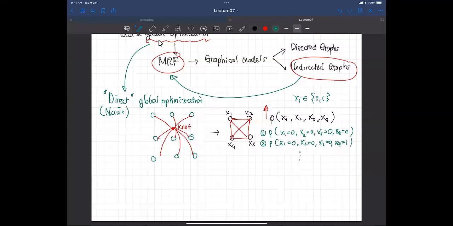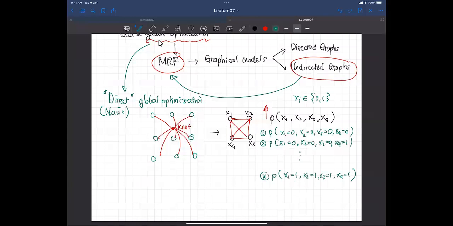And there are a lot of possibilities here, right? In the end, I think it is 2 to the power of 4. 2 to the 4 is what? 16, right? So that will be 16 here, up to P of x1 equal to 1, x2 equal to 1, x3 equal to 1, x4 equal to 1.